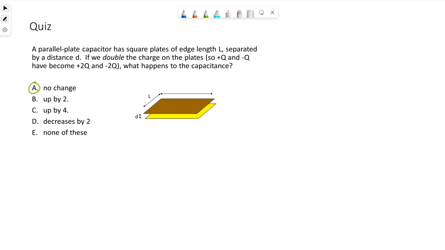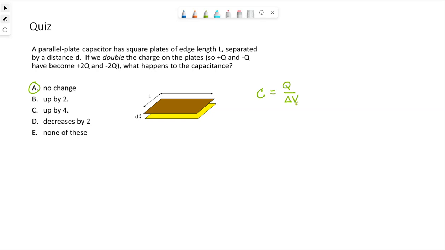Now, it is true that we can solve for capacitance in our equation that has charge and potential difference. I'm waiting for my V to show up. There we go.